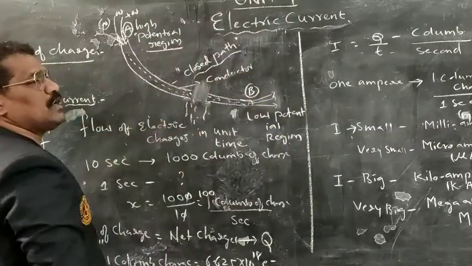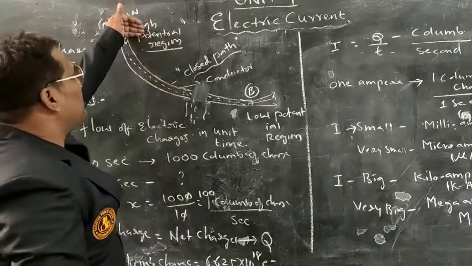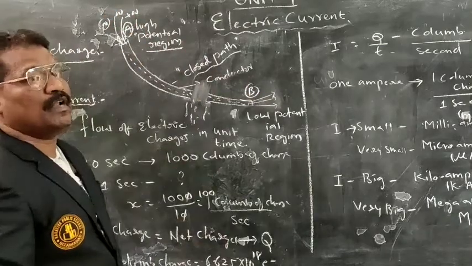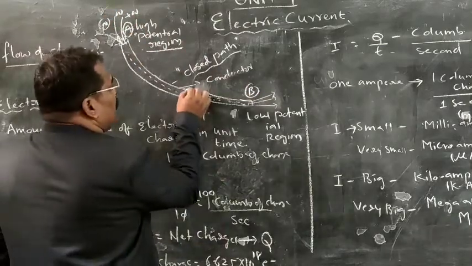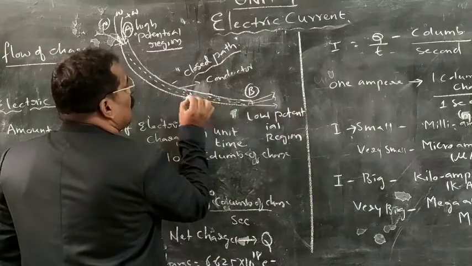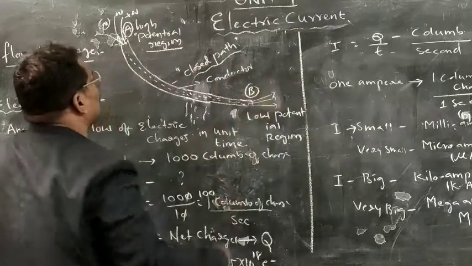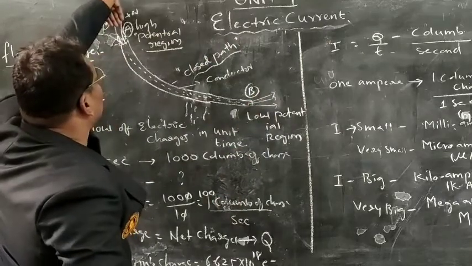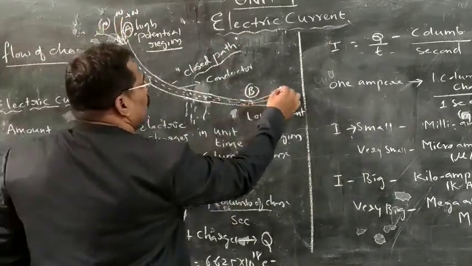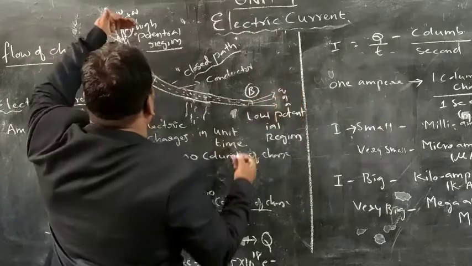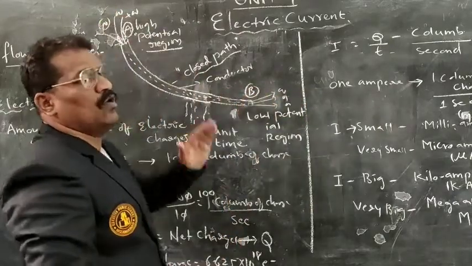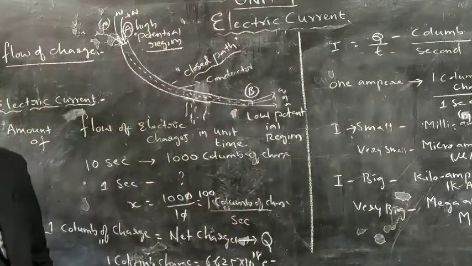Similarly, charges also cannot flow from high potential region to low potential region. To flow properly, there must be a closed path. Through that closed path, charge carriers entering from this point can flow from high potential to low potential.